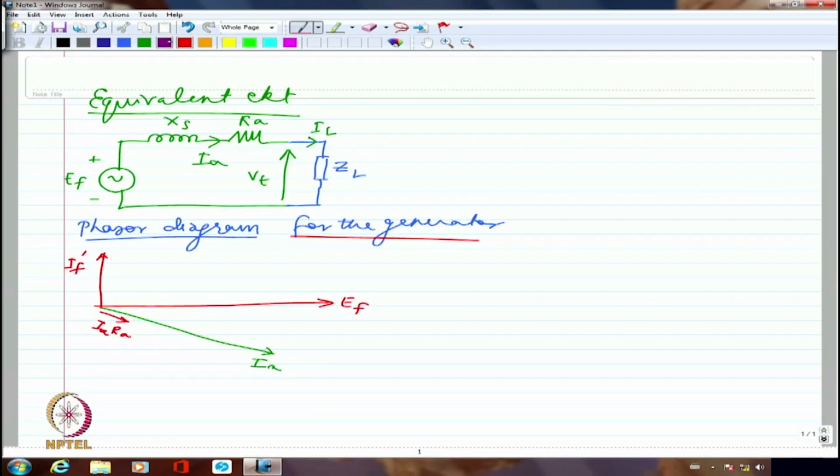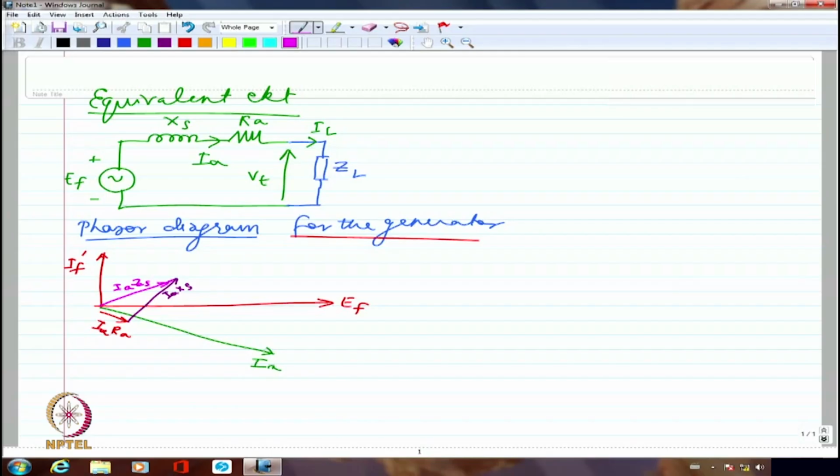And perpendicular to that, I should draw IA XS. So when I add these two, I am going to get IA ZS.